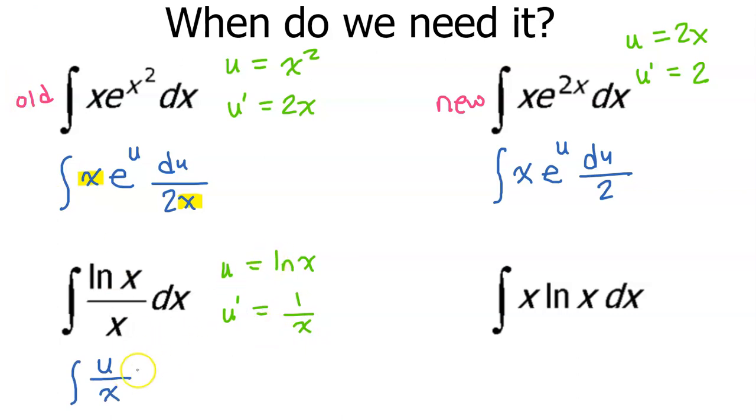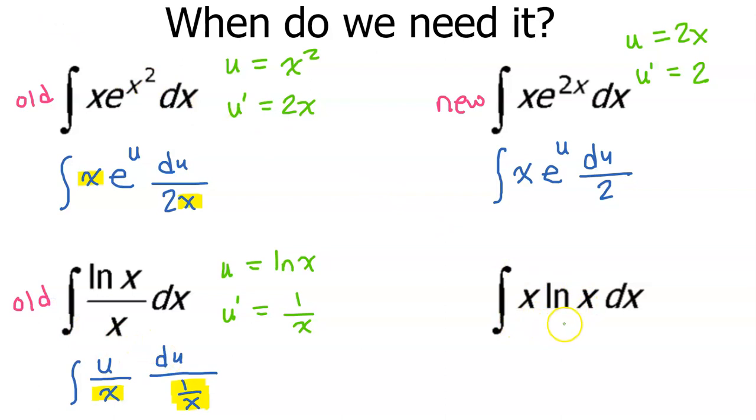When we do the substitution, we get this, and then we rewrite dx as du over u prime. And then we see that the x from the integrand is canceled out by the 1 over x. That's what we needed to be able to solve this problem. So we will not need any new methods. We can solve this by the old tools that we already know.